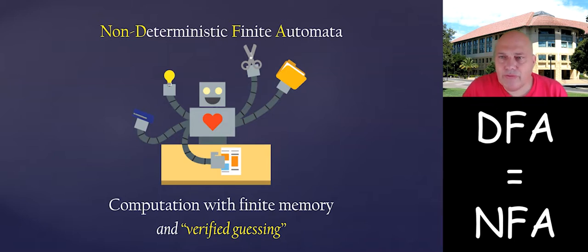So one way of viewing it is that this notion of finite memory computation is very robust. And I mentioned it before, and you'll see it in one of your homework assignments. Even changing the model quite a bit will still give you the same computational power.